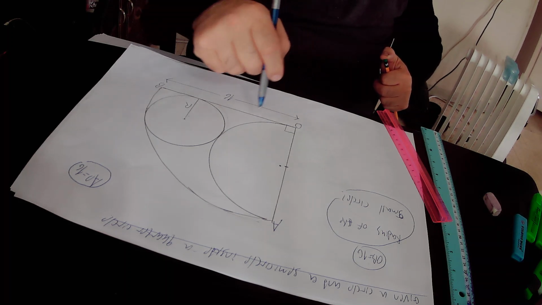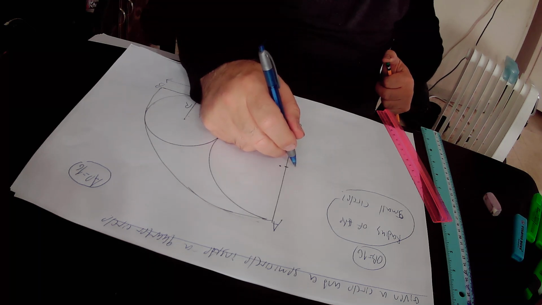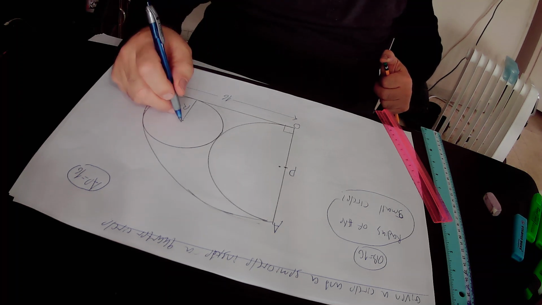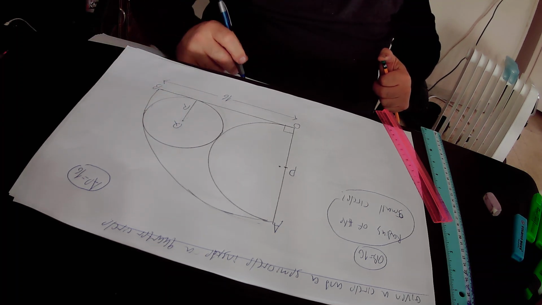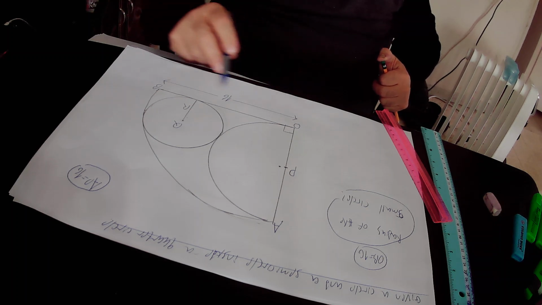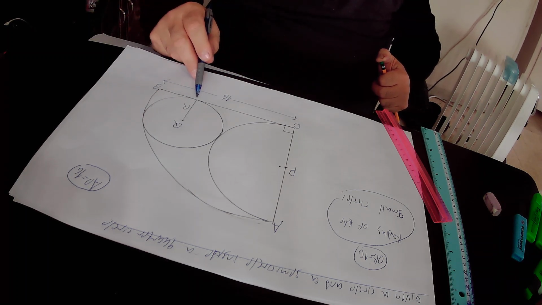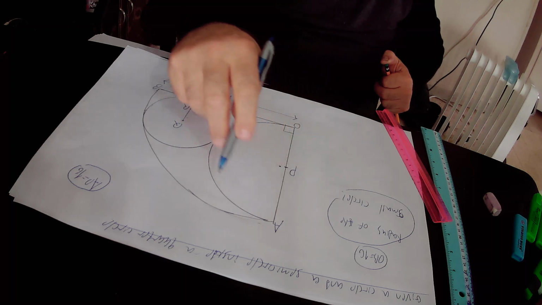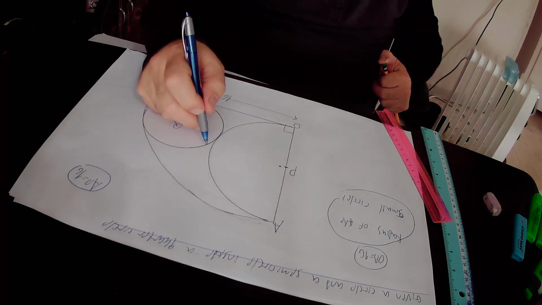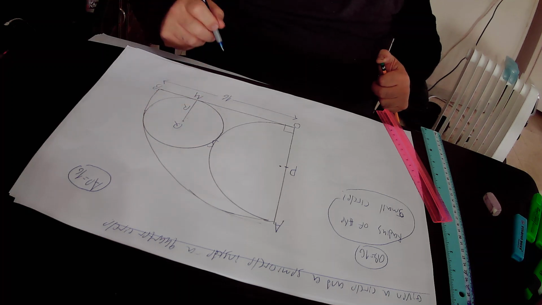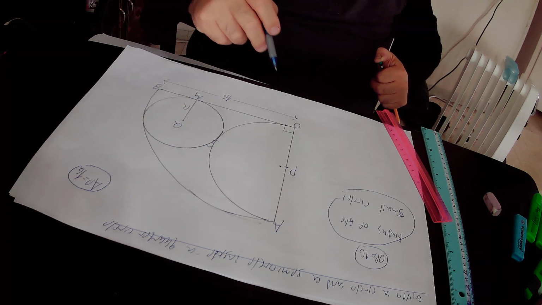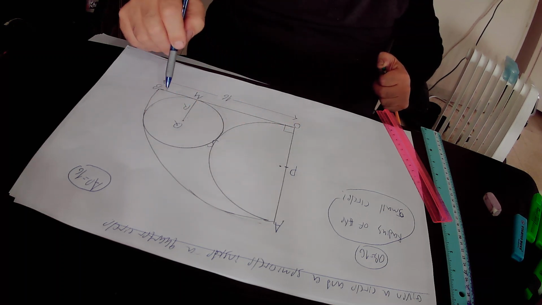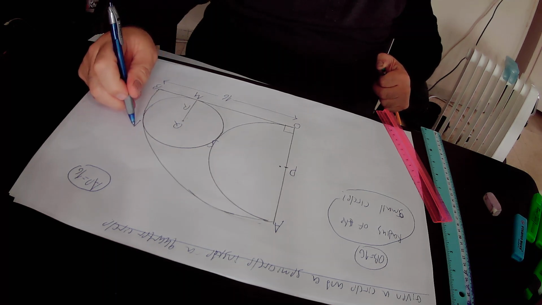We will define the center of this quarter circle, this point, as point P. We will define the center of this small circle, this point, as point Q. We will define the point of tangency of tangent OB with this circle, this point, as point M. We will define the touching point of this semicircle with this small circle, this point, as point S. And finally, we define the point of tangency, or the touching point, of this big quarter circle with this small circle, this point, as point T.